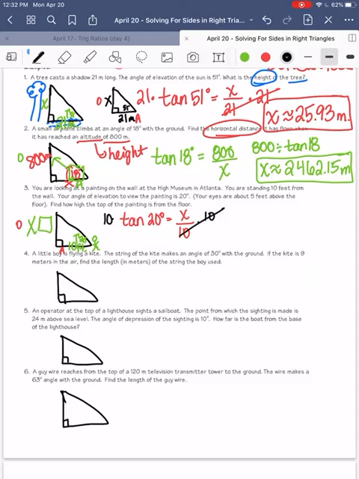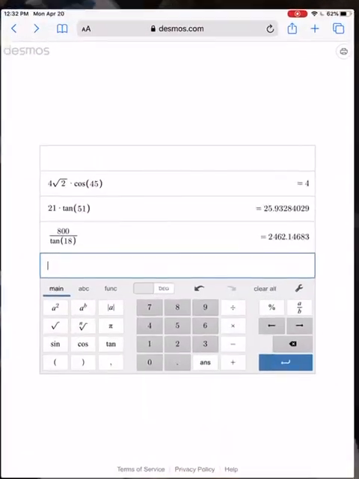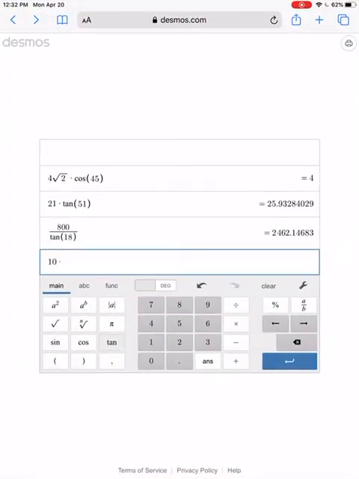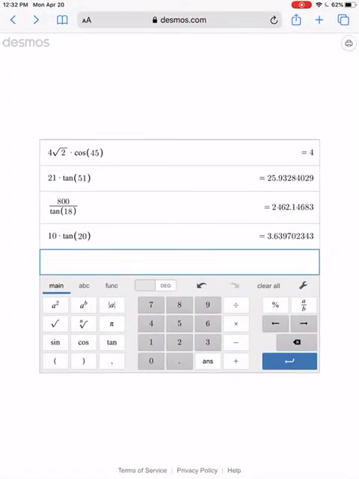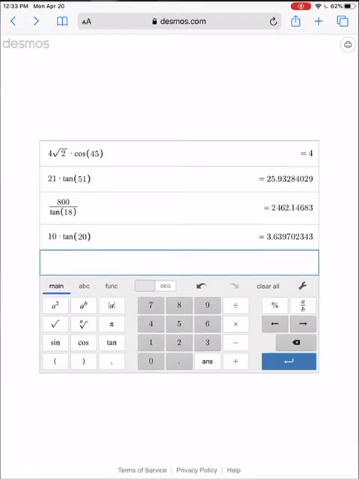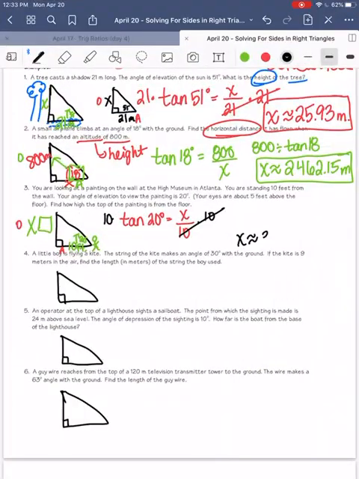And so then we're going to have X is approximately 10 times tan 20, 3.639, so that 9 is going to bump the 63, so 3.64. Well, 3.64 what? What was our unit here? Our unit was feet.